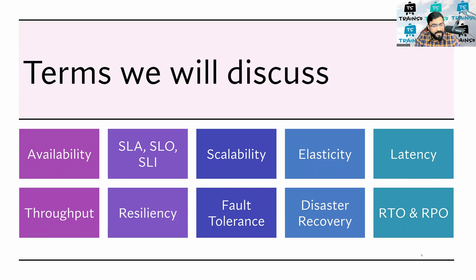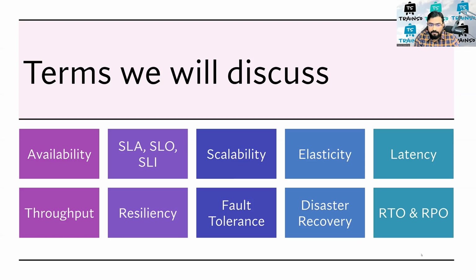So in this, we will be quickly looking into things such as availability and terms such as SLA, SLO, SLI, and then scalability, elasticity, latency, throughput, resiliency, fault tolerance, disaster recovery, RTO and RPO, and a few more other topics. As you know, this is not a master class. This is a class that helps you look into those important terms and concepts from a high level.